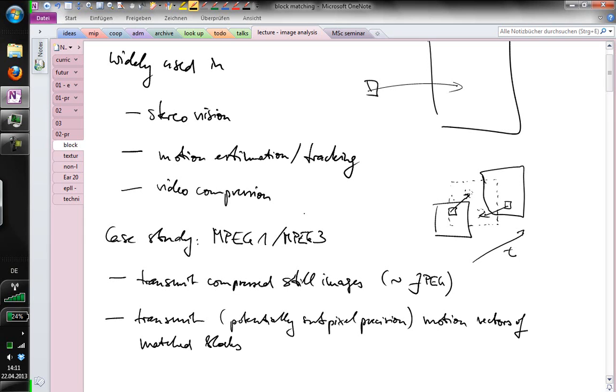And because you cannot perfectly explain in most cases an image just in terms of what comes before and what comes after, you also need to transmit the residual. And these residuals are again being compressed.